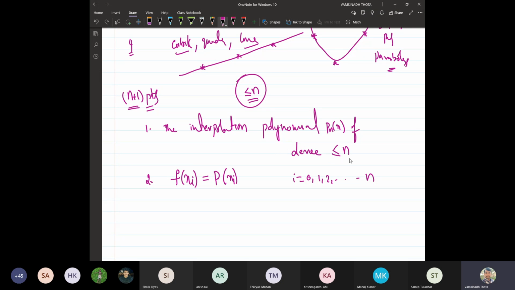The degree should be less than or equal to n. Now, what are the conditions? These two conditions are generally called the interpolating conditions.